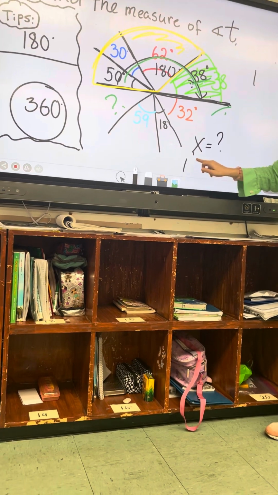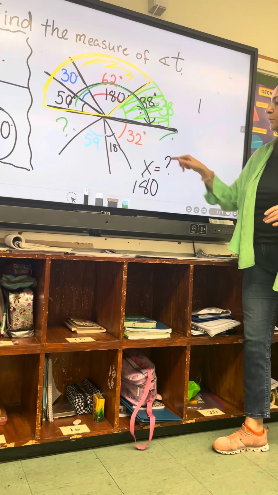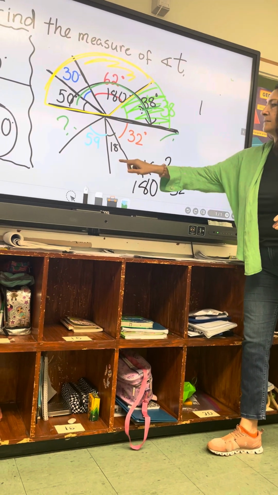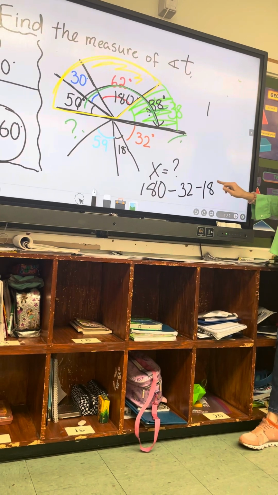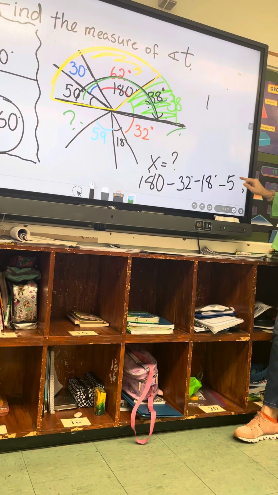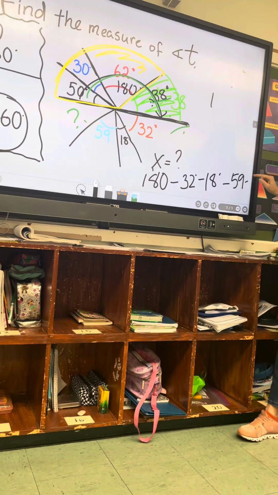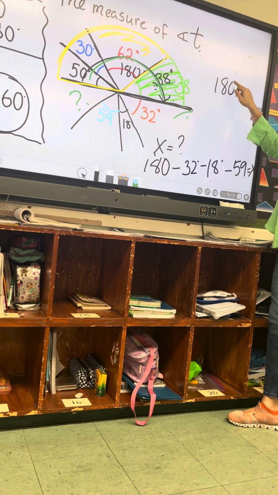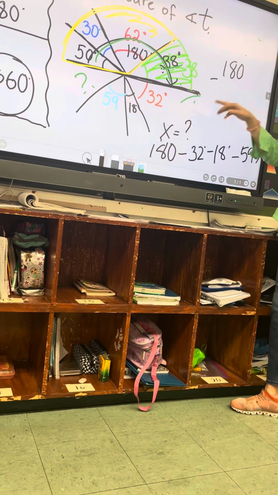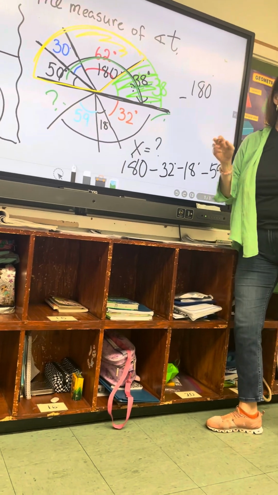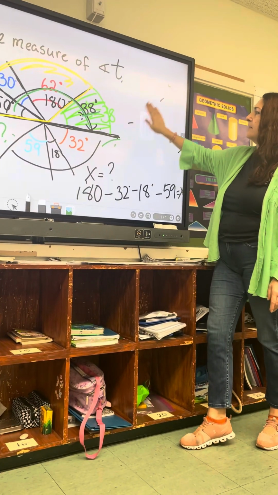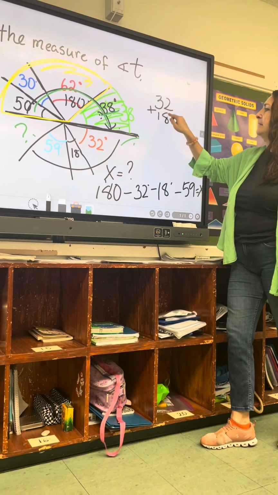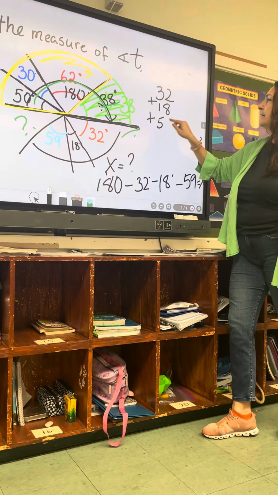And then we have 180, which is the total, minus 32 minus 18 degrees minus 59 is equal to x, correct? So 180 minus, well, I'm gonna just add them because it's easier to add, not to make a mistake, and then we'll subtract. 32 plus 18 plus 59.